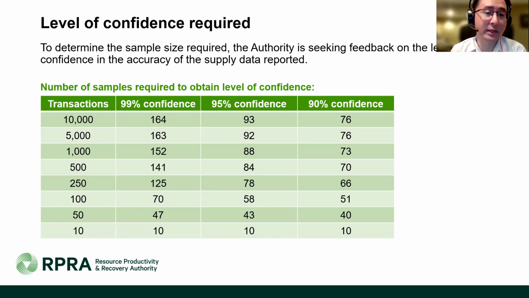I want to give you one example. When a producer reports their supply data and deducts any obligated weight because it was sold or shipped to another province, a typical verification procedure will ask the qualified person to select samples to verify that the product actually went out of province.